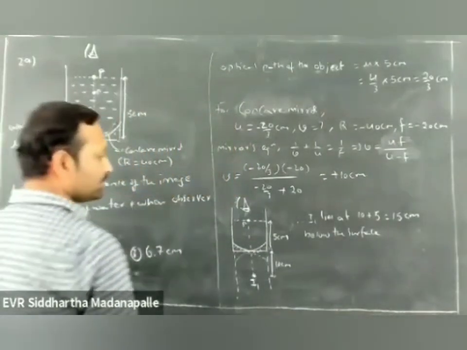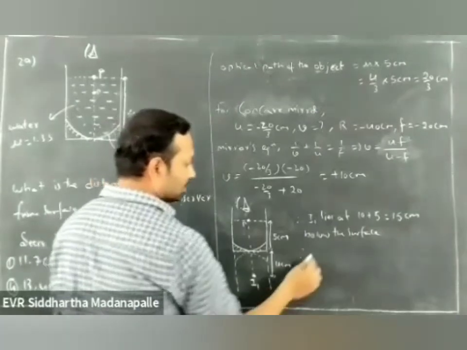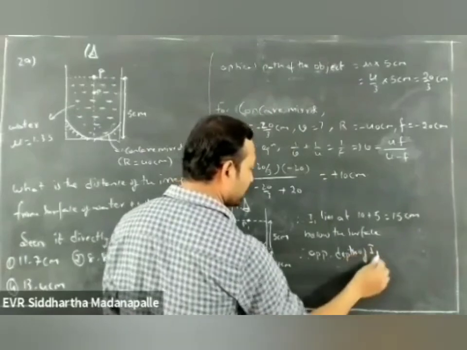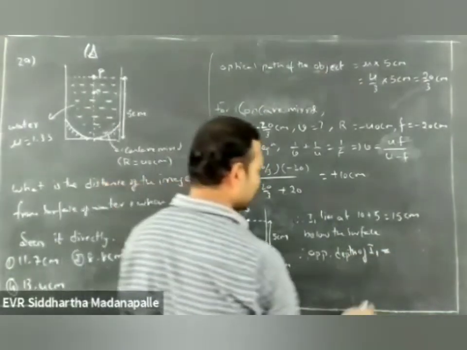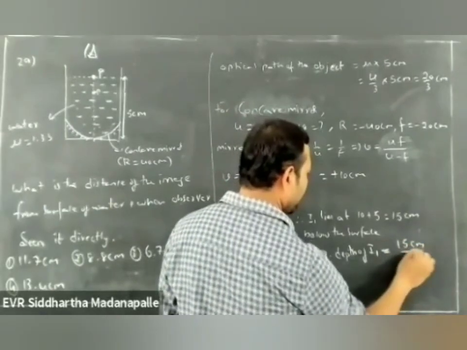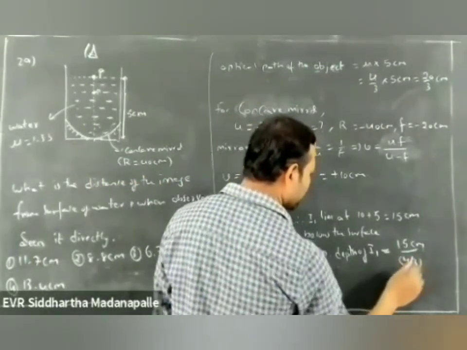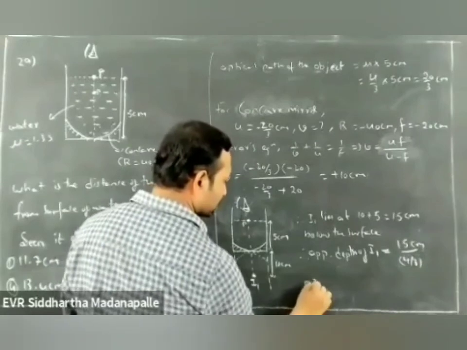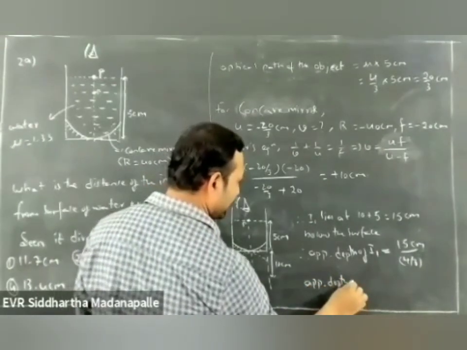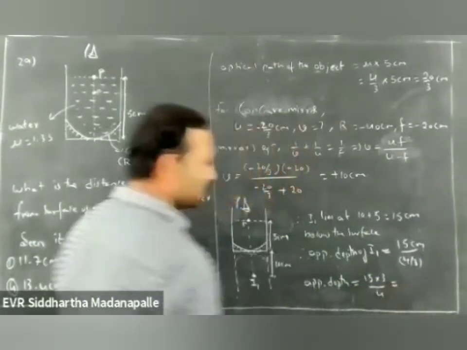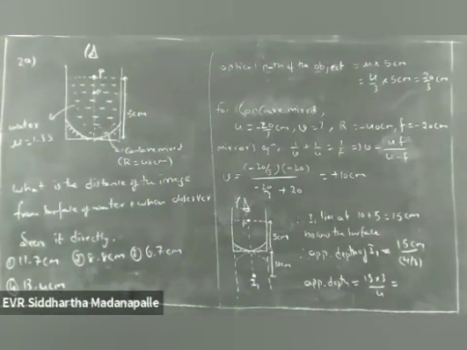So for the observer, the apparent depth of I1 is equal to real depth, which is 15 centimeter, by refractive index. What is the refractive index of the water medium? It is equal to 4 by 3. So therefore, apparent depth of I1 is equal to 15 into 3 by 4, which is 15 times 3 are 45, 45 by 4.